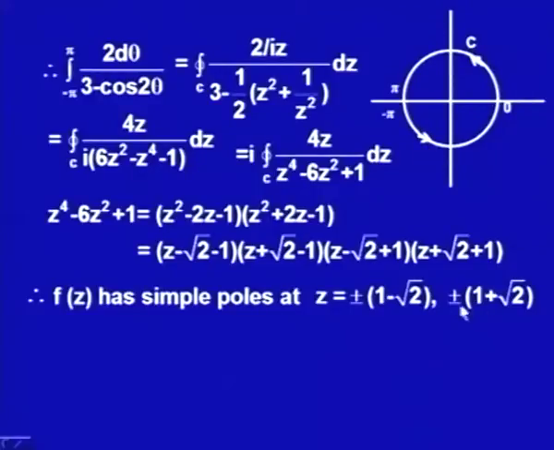Certainly 1 plus root 2 on the plus side would be outside this contour, and minus 1 plus root 2 on the minus side would also be outside. So these two isolated singularities would be outside the region, the interior of the contour. We would have only two singularities inside the interior. One is 1 minus root 2 and another is minus of 1 minus root 2, that is root 2 minus 1.